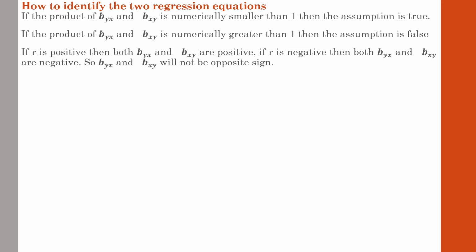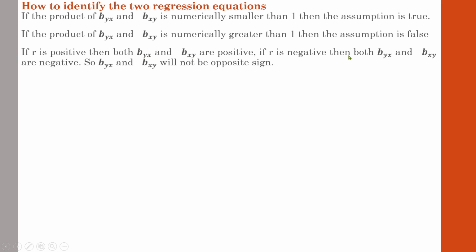These are some of the properties related to regression. We have learned an equation for finding byx and bxy on the basis of the correlation value as well as the standard deviation of x and y. If r is positive, then both values, byx and bxy, will be positive.